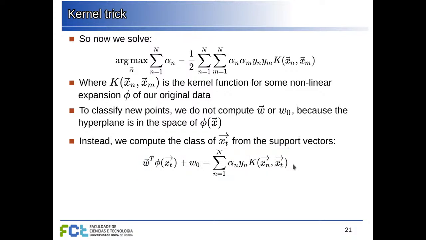And this will give us a value that is either positive or negative, and that will determine on which side of the discriminant we have our point. So that will give us the classification.